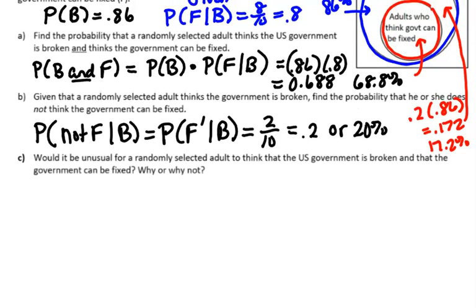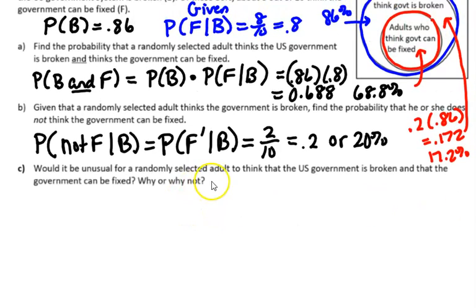The last question is, would it be unusual for a randomly selected adult to think that the U.S. government is broken and that the government can be fixed? Okay, so let's go back to where we looked at that. We haven't actually calculated that.